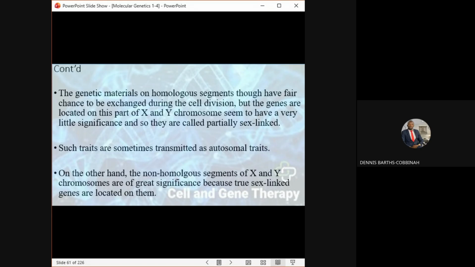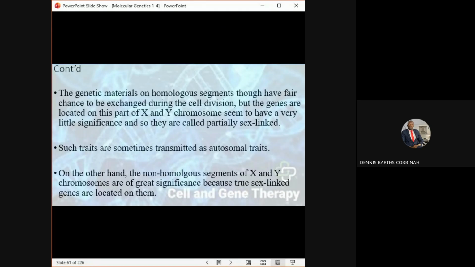With females, the normal sight allele is dominant over the defective one, which is colorblind. So the individual will be heterozygous for the condition and so will not express the character.